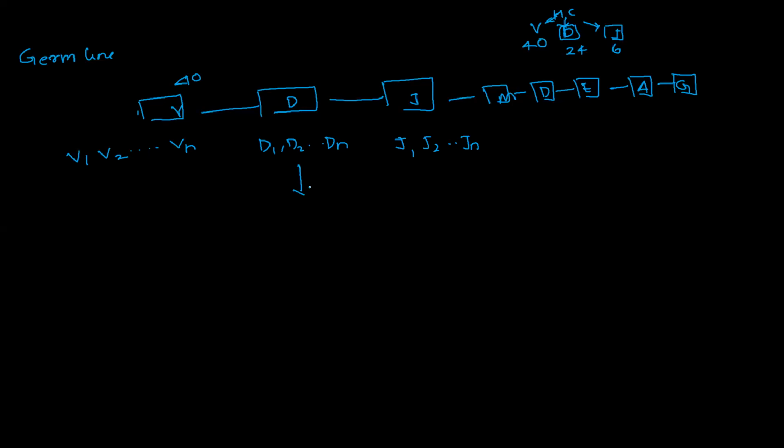One part of D and one part of J, one part of each, is going to join. Maybe it has chosen D2 and J1 randomly, so they get joined. At this stage, you can say it is DJ recombination.